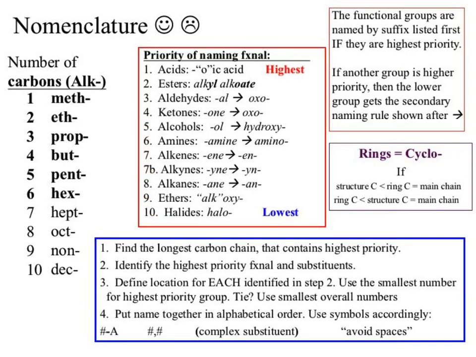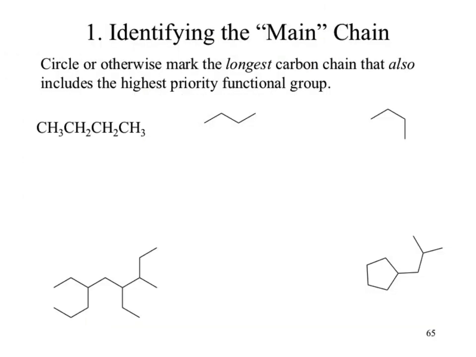So, identifying main chains. You're responsible for formulas. You're responsible for structures. We've got a perfect example running directly across the top. That first one has how many carbons in it? 4, which means but.